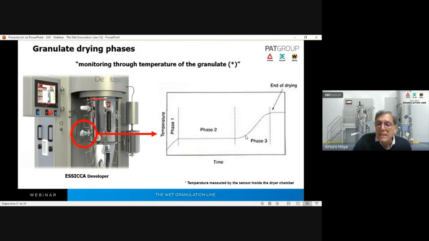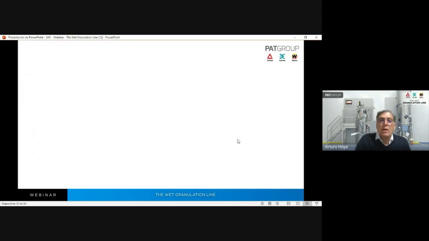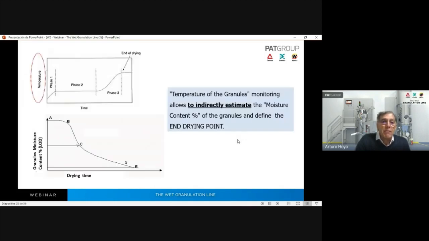And this means that we are approaching the end point. This increase is a signal to take into account, and the operator of the drying process should know this phenomenon very well, because it correlates very, very well with the moisture content of the granules.